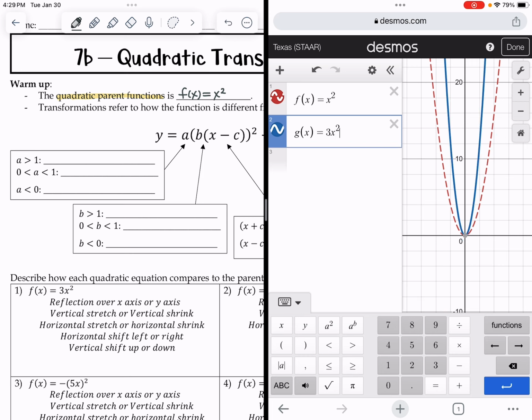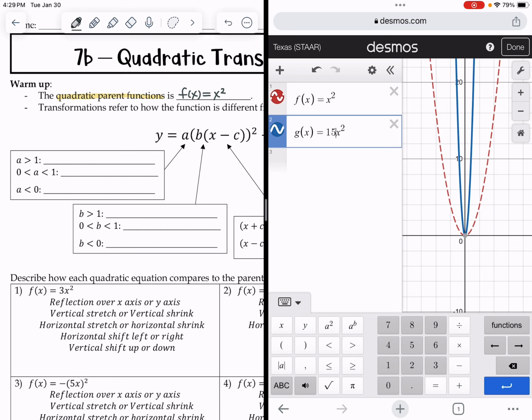Notice the blue function is narrower, and so the bigger I make that scale factor, the narrower the function gets. The starting function, the red function, is normal, and then the blue function is really narrow. And so the more we increase the scale factor, the narrower it gets. It's because we're vertically stretching it.